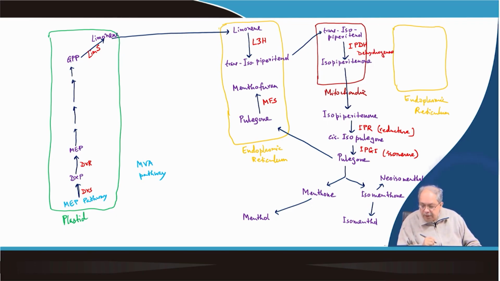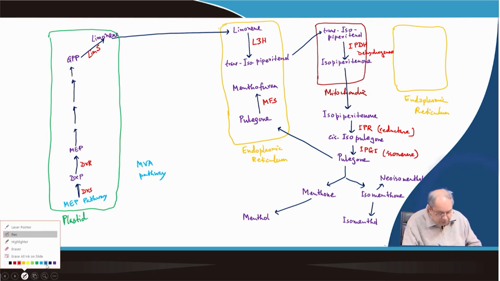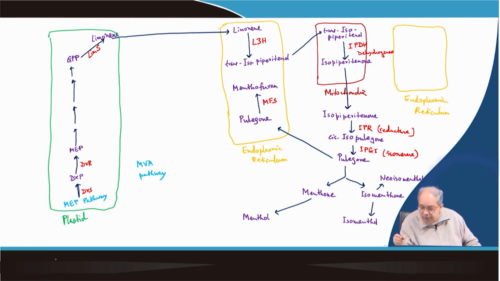Okay. Now, next what we see is what is happening in the case of carvone. Limonene moves to the endoplasmic reticulum. In the case of Mentha spicata, the limonene formed in the plastid moves into the endoplasmic reticulum.